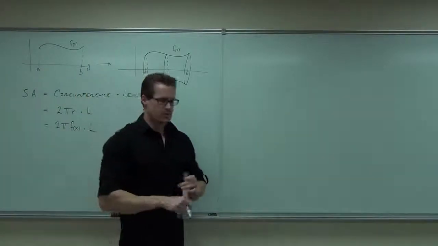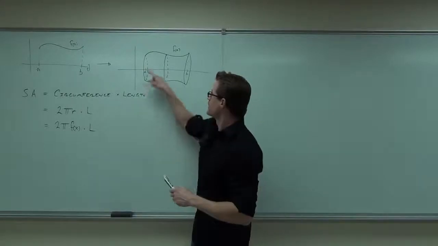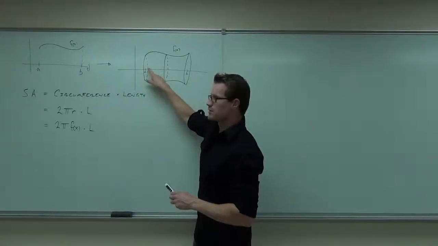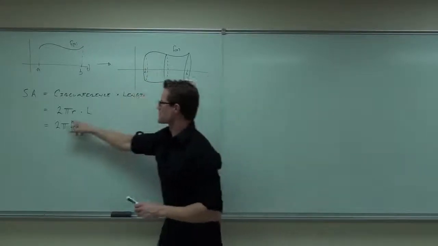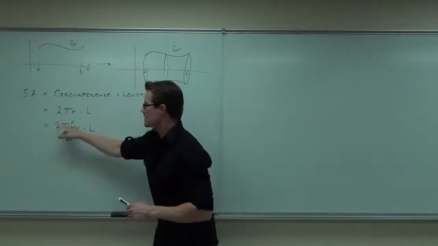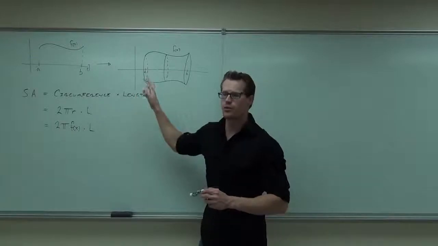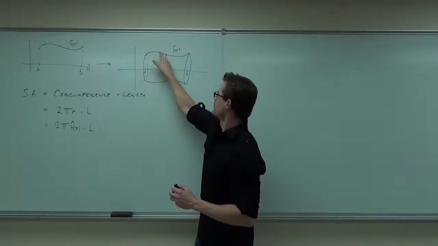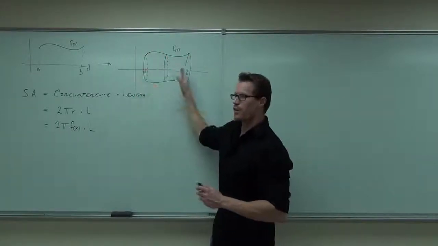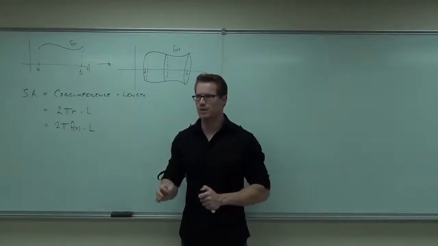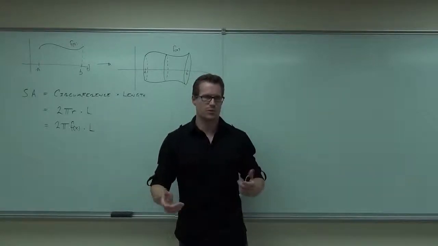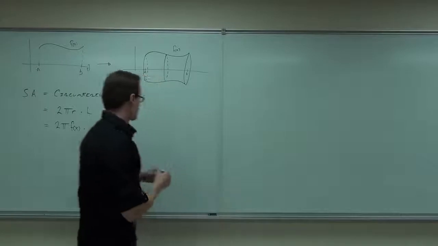Notice that what we're doing is we're taking the circumference at every point x, times whatever the length is for the whole thing. Now the length for the whole thing means what's the length of the function for the whole thing, and that's something we just finished doing. In fact, if you looked over your first part of your homework, that's this.